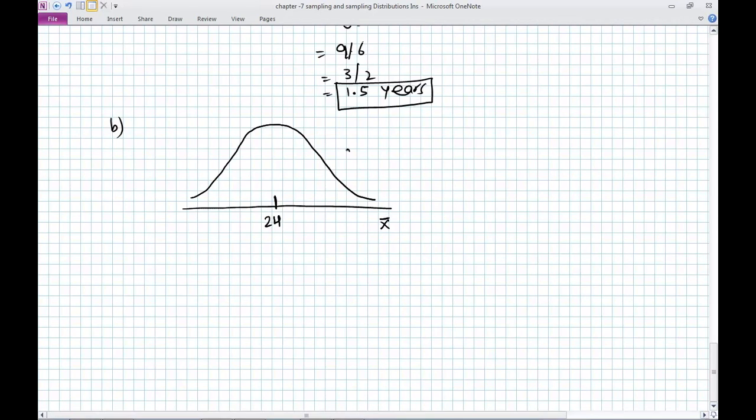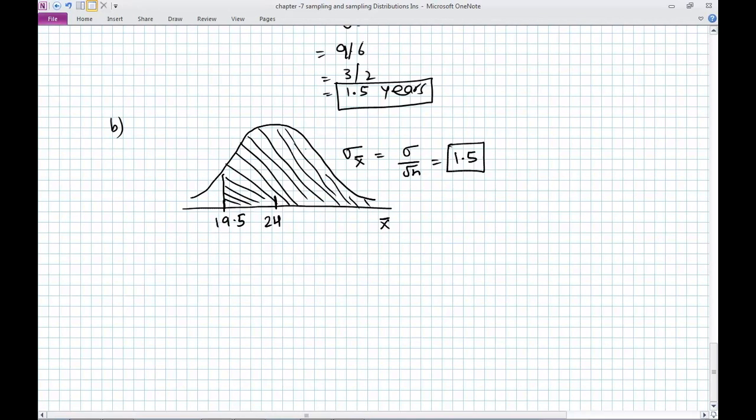Because this is x bar, we have to use sigma of x bar here, which is sigma over square root of n, and this is 1.5. And the question is, what is the chance that it will be more than 19.5? 19.5 is somewhere here, and more than that means this area. Now once you look at this, you can see that this is a regular normal distribution problem.